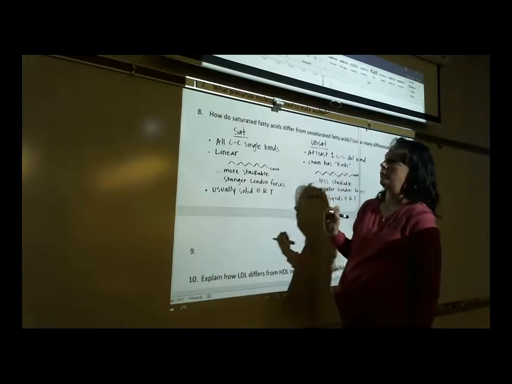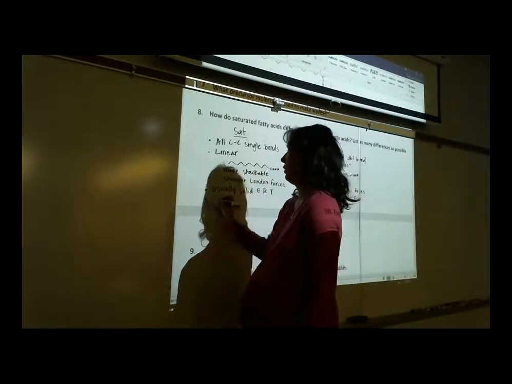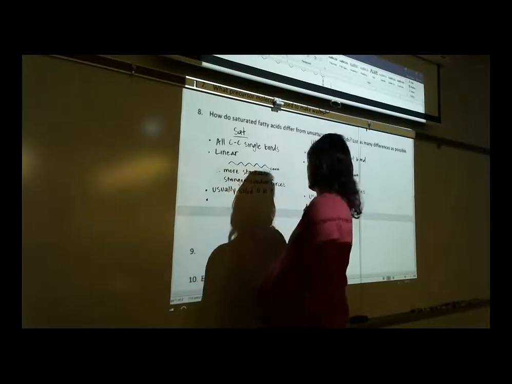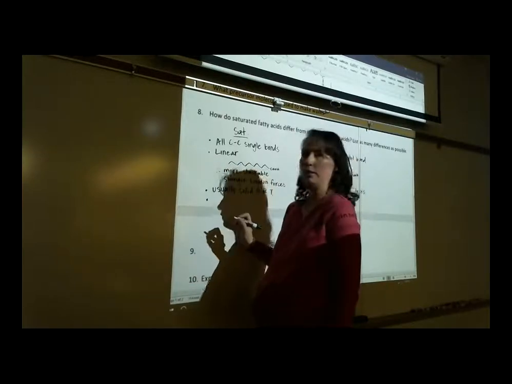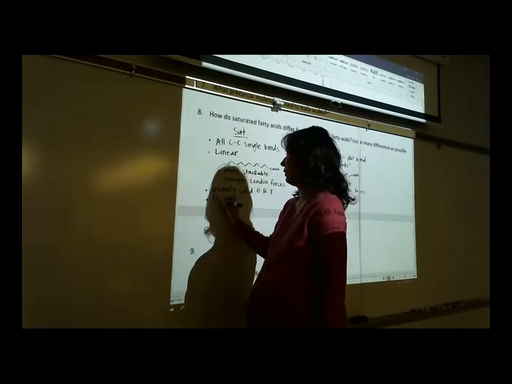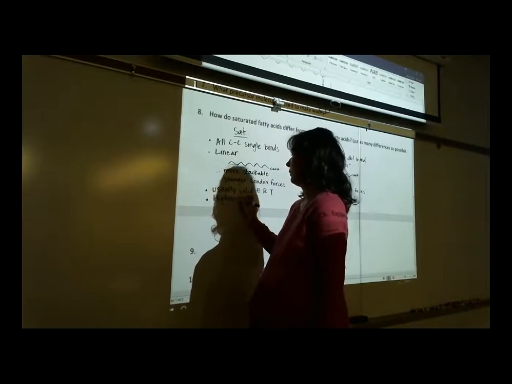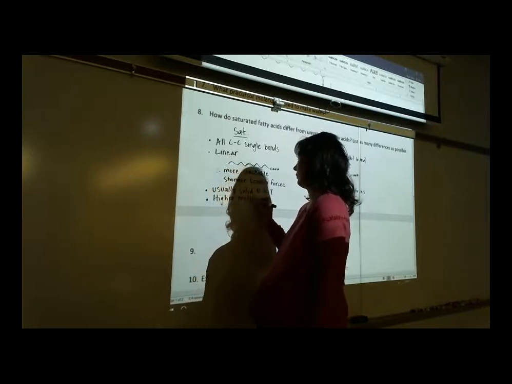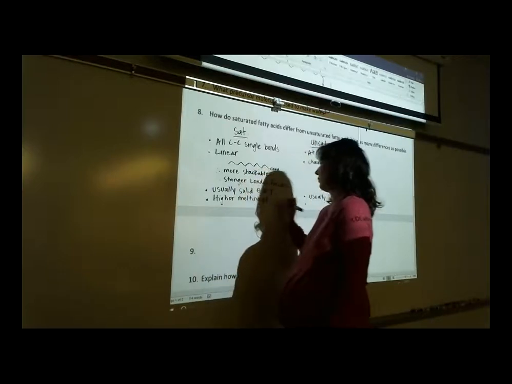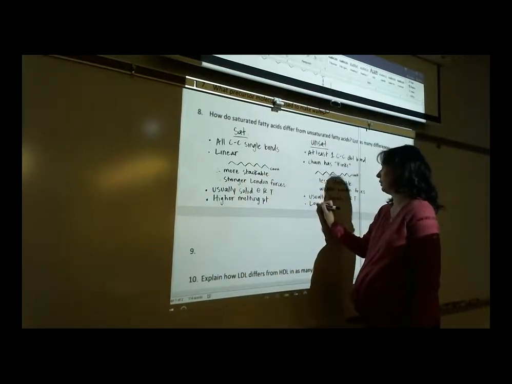And in terms of their melting point, which one's going to have the higher melting point? Saturated or unsaturated? Saturated is going to have the higher melting point. This one's going to have the lower melting point.